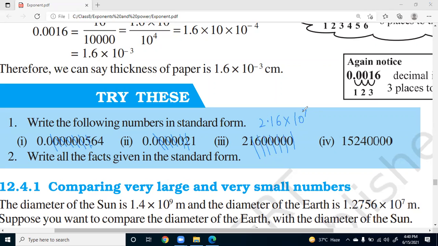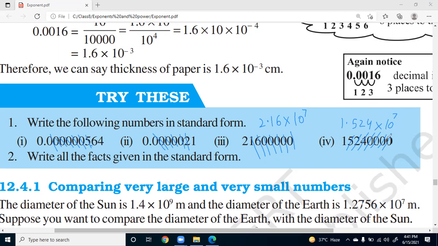Ma'am, can I tell the answer for the fourth part? Yes, Mahika. Ma'am, is it 15.24 into 10 raised to the power 7? 1.524 into 10 raised to the power 7.